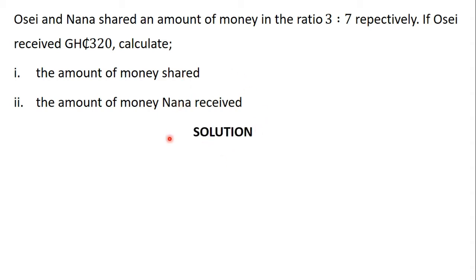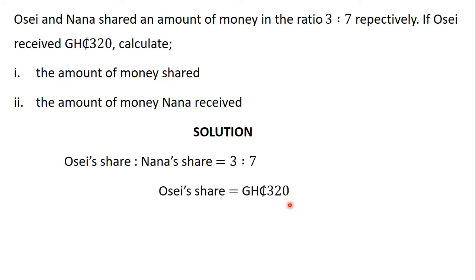So from the question, we know that the ratio of Osei's share to Nana's share is 3:7, and Osei's share is 320 Ghana cedis.